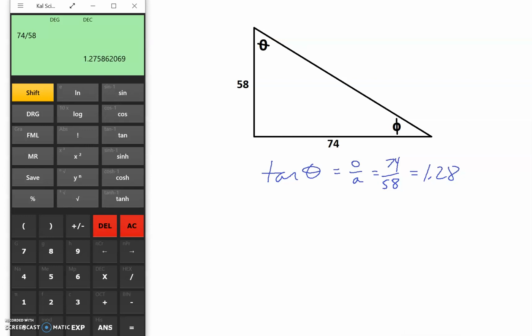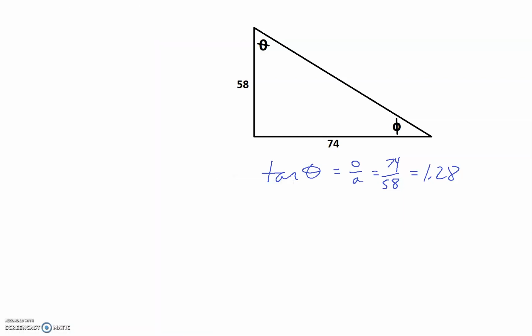Okay. So now what if I actually wanted to find the angle? Of course, we use tan theta to find the ratio of the sides. But sometimes we want to actually find the angle, and that's where the inverse functions kick in. So if I took the inverse tan of 1.28, that should tell me what my angle theta actually is, because that's what inverse functions are for.